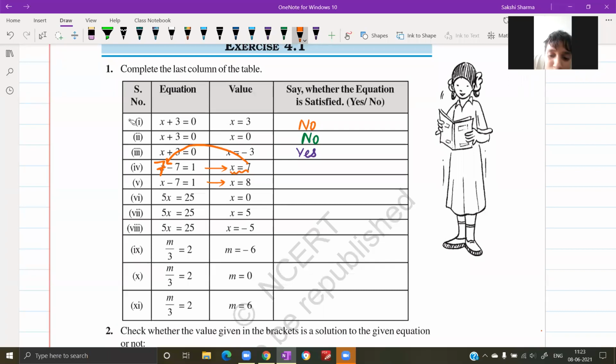No. This is not the correct answer. Right. What about option second, where you have x as 8? If you use 8 लिखते हैं यहाँ पे, this is true.